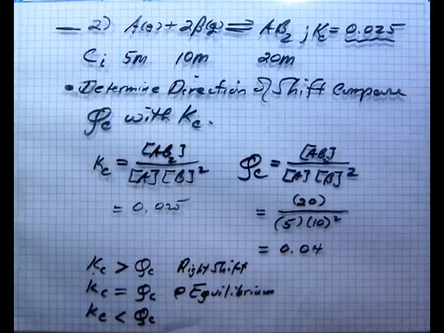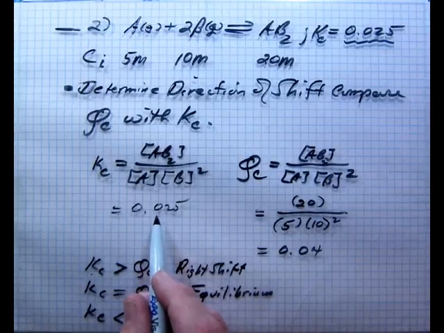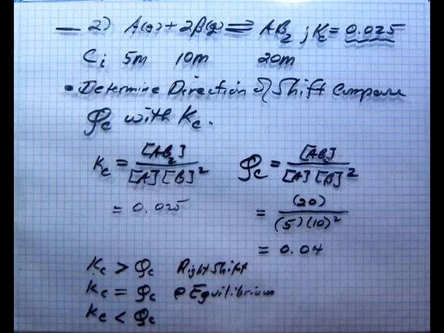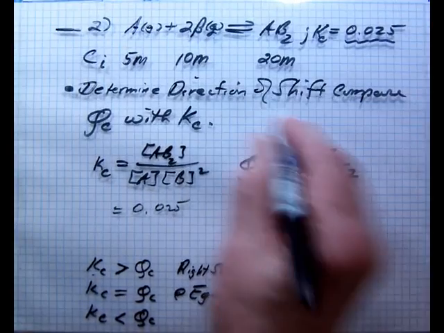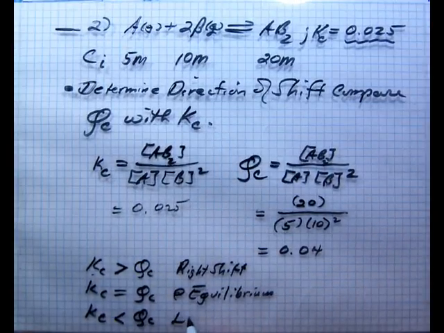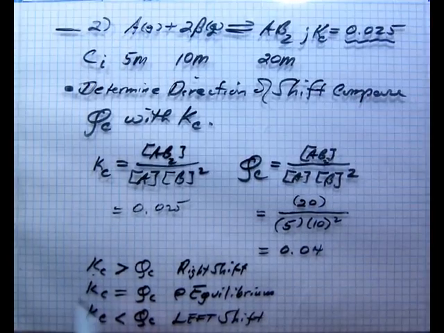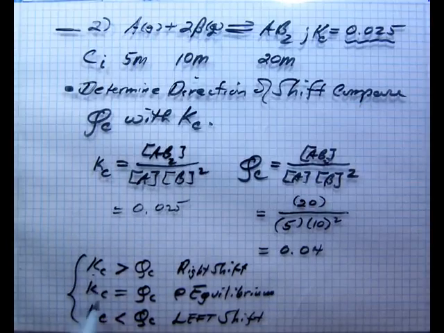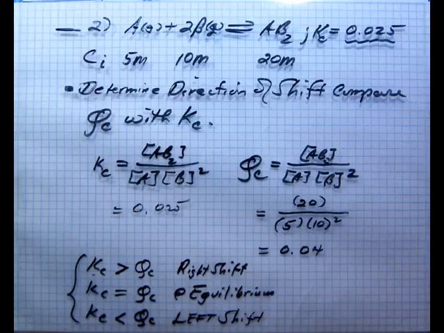Or if you determine QC to be greater than KC, which is the case that we have here, QC is greater, the arrow points to the left. And so this reaction would be a left shift right there. This is the important issue that you have to keep in mind. It's not difficult. And second thing, of course, you have to be able to compute and compare the Q and the K based on the data that's given to you.